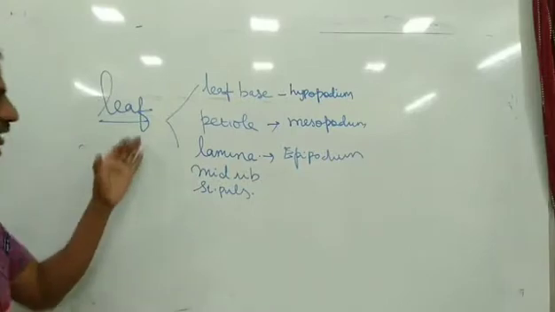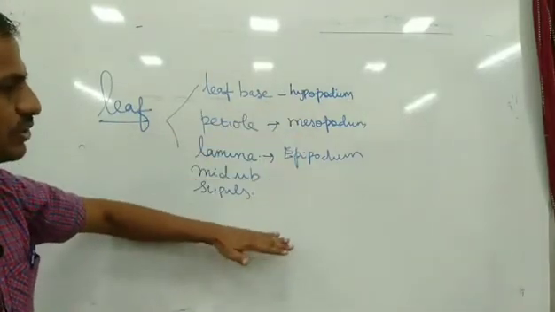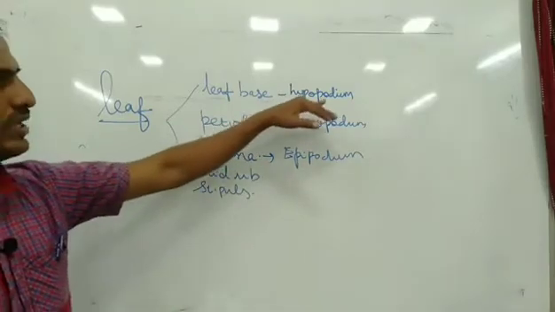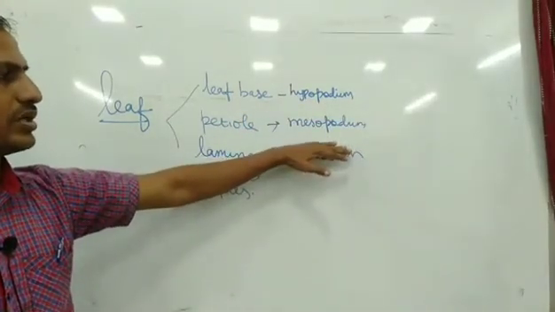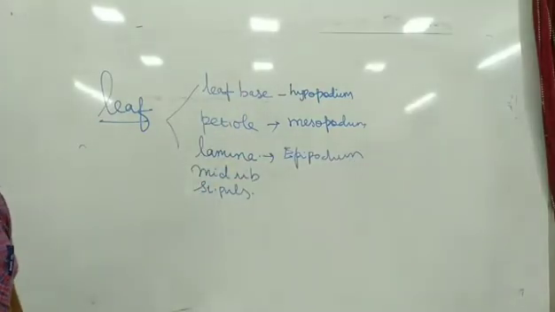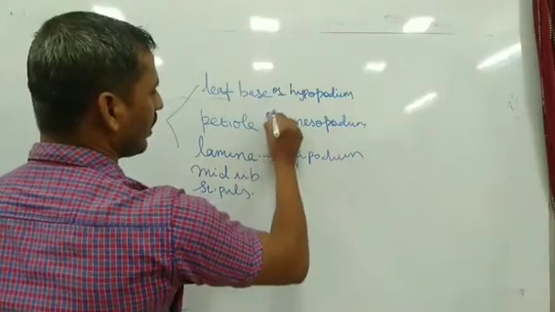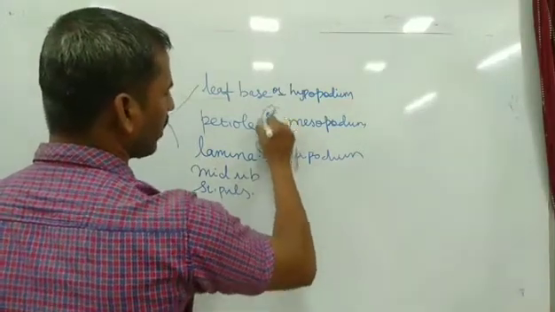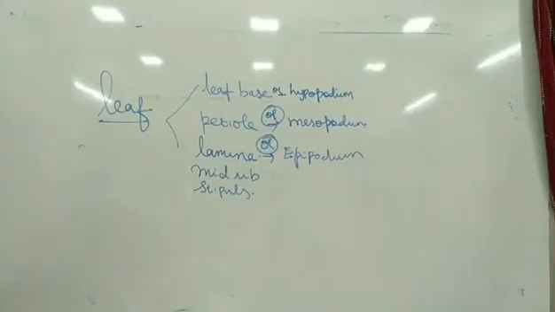So these are the parts present in the leaf: leaf base, petiole, lamina, midrib, and stipule. The leaf base is the hypopodium, the petiole is sometimes called the mesopodium, and the lamina is called the epipodium. Don't forget that.